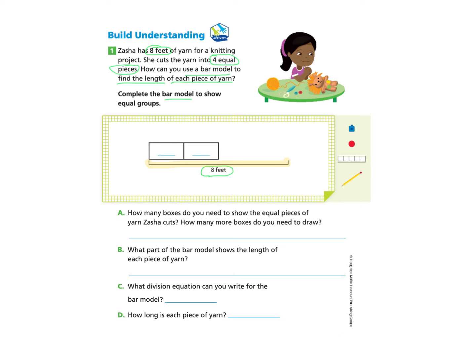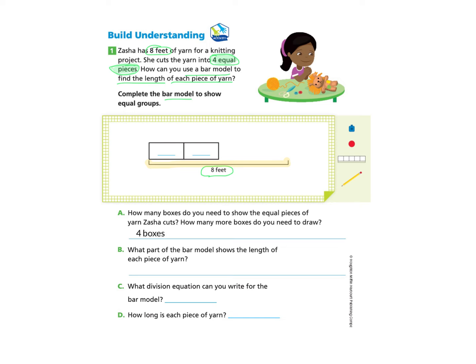How many more boxes do you need to draw? Well, we can go back into the word problem and find that she will cut 4 equal pieces. So we can answer, if we know that each box represents 1 equal piece of the yarn, then she will need 4 pieces. And that means she needs 4 boxes.